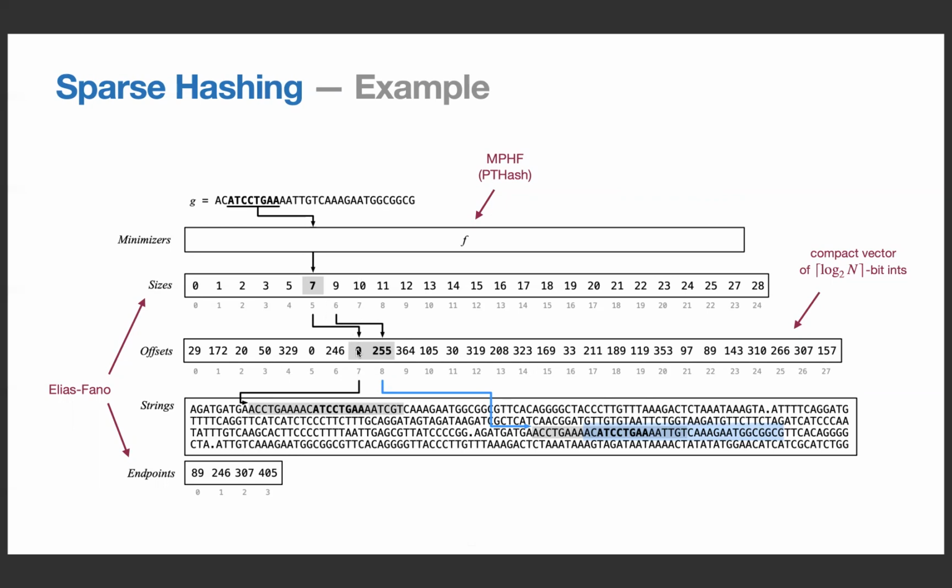And in fact, 9 and 255 are the two offsets of the super k-mers that we have to scan. In this example, this particular k-mer is found, represented by the blue arrow, in the second super k-mer. So that's sparse hashing.